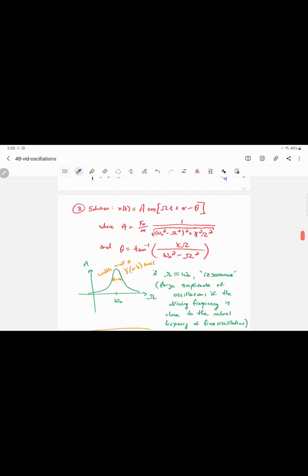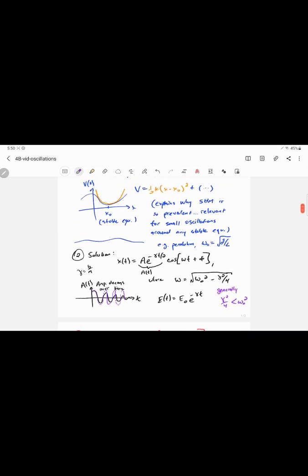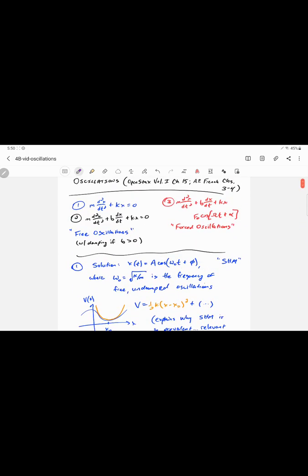Okay, now the final case, the most complicated case, are forced oscillations. So this is the case where you have not only something oscillating, but you have something forcing it to oscillate. One of the most common examples of this is a child on a swing.